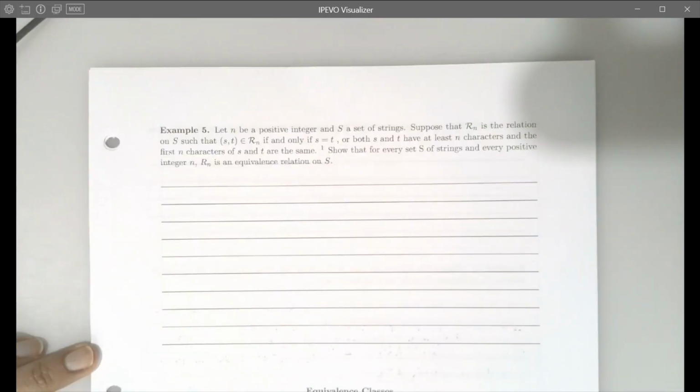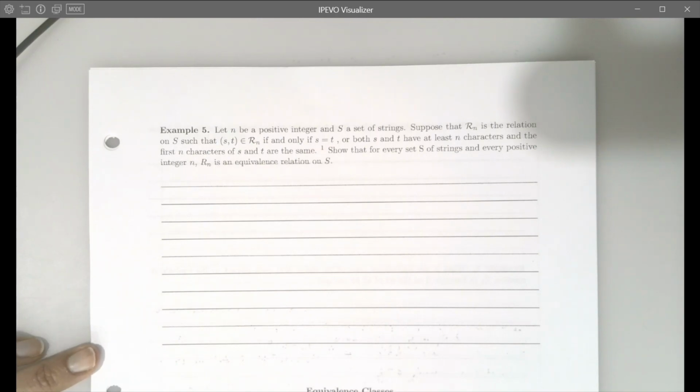Okay, we're going to take a look at one more example which asks us to determine whether R is an equivalence relation. In this case, they're saying let n be a positive integer and S be a set of strings. Suppose that Rn is a relation on S such that S and T will be part of the relation if and only if S is equal to T, or both S and T have at least n characters and the first n characters of S and T are the same.